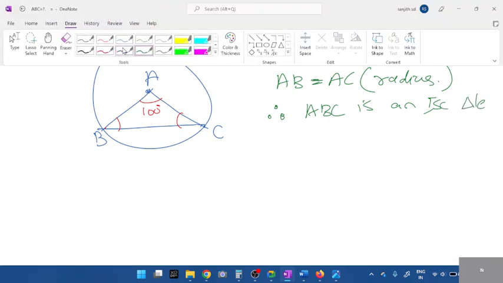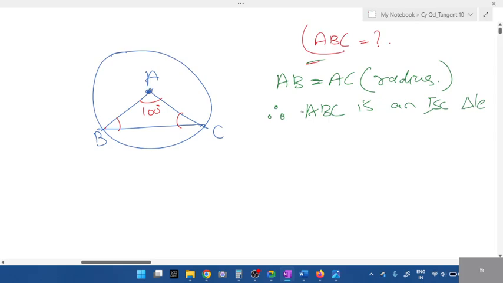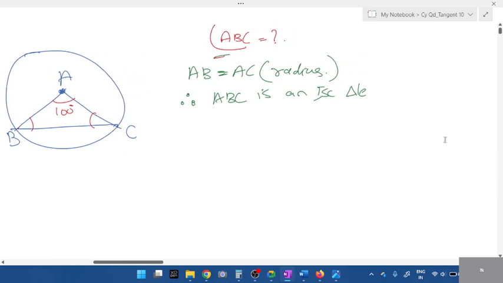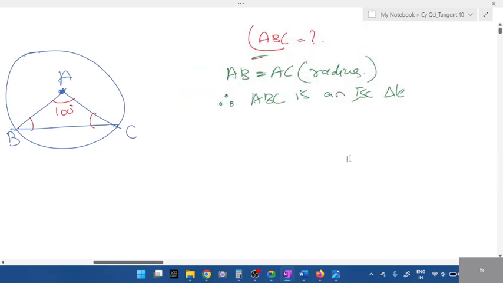You should know how to frame the sentence. So first point, AB is equal to AC, radius. Because of that, ABC is an isosceles triangle. Because it is isosceles, which two angles are equal? Angle ABC is equal to angle ACB. Okay, you can even write like that. Framing a sentence is grammar.